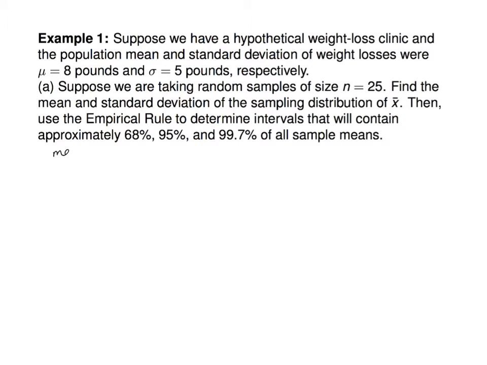So first of all, the mean of the sampling distribution is mu, which is 8. And the standard deviation of x bar is sigma over root n, which is 5 over root 25, or 1.